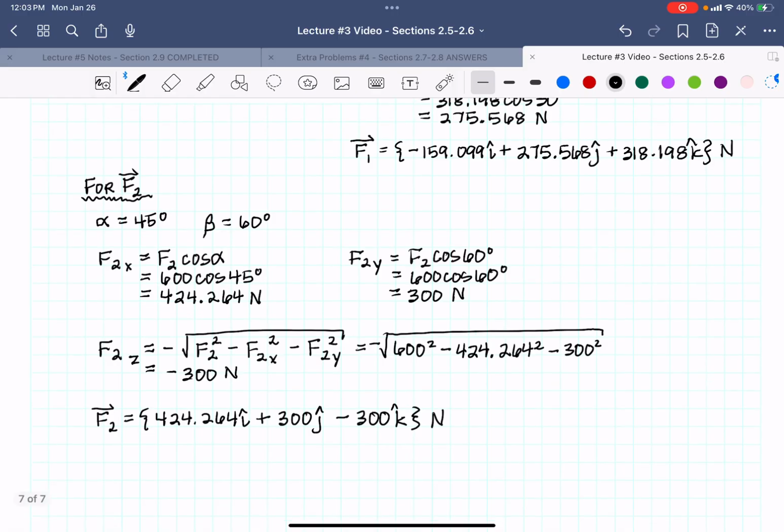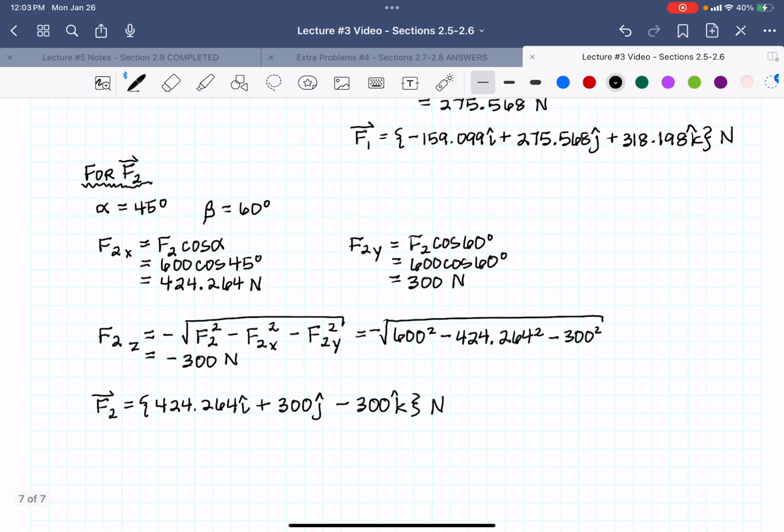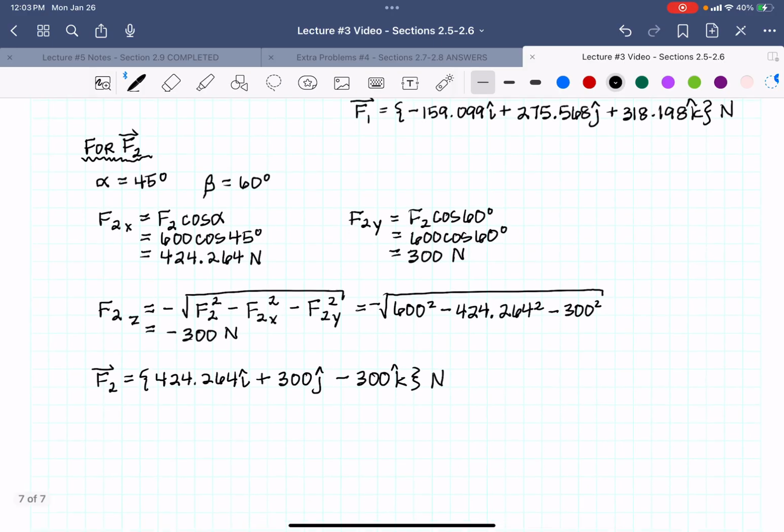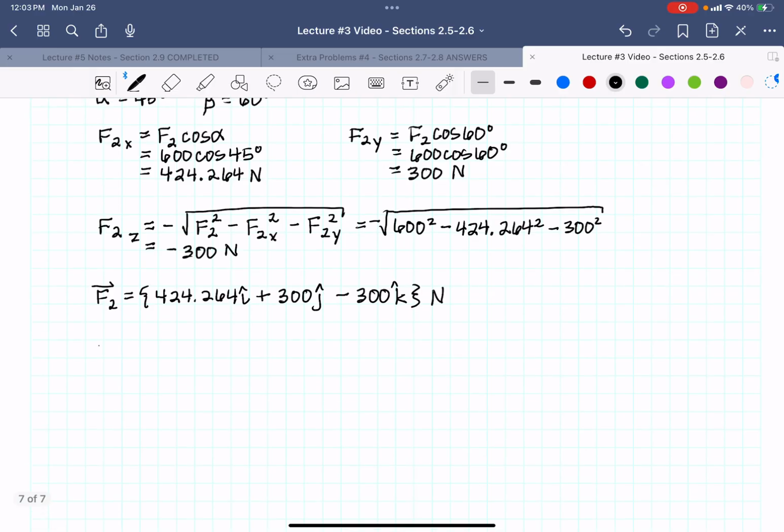So now it wants the resultant force. I know that my resultant force is the F1 vector plus the F2 vector.